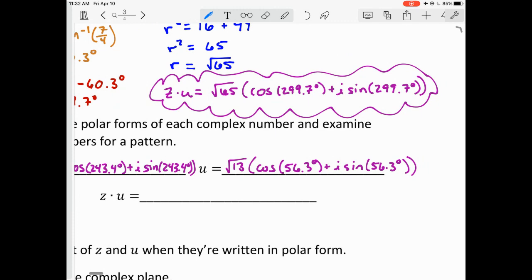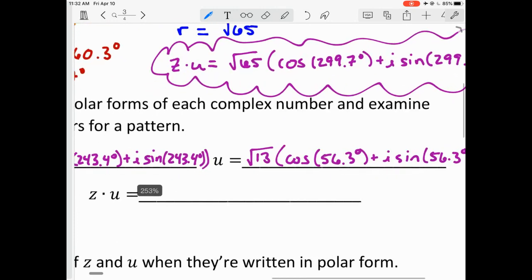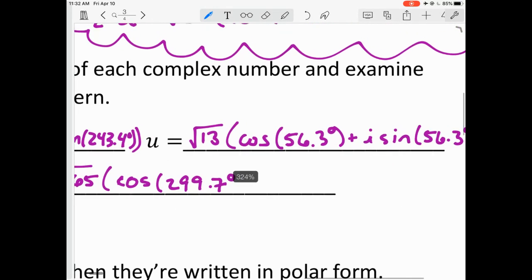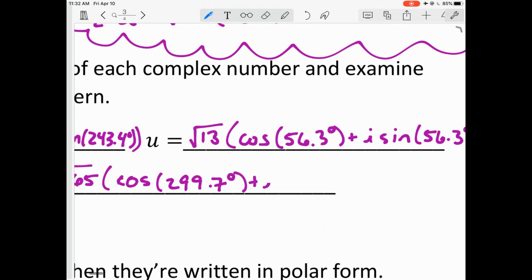And next, we found z times u, which we just wrote up there, was square root 65 times cosine of 299.7 degrees plus i sine 299.7 degrees.